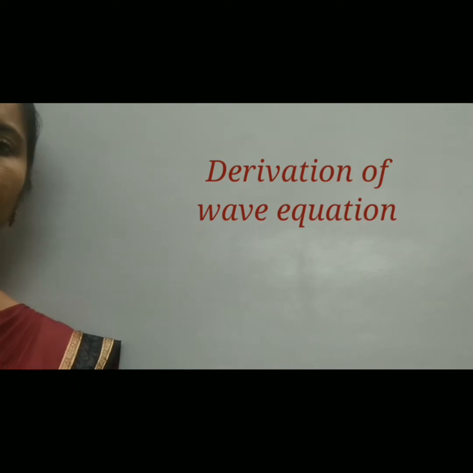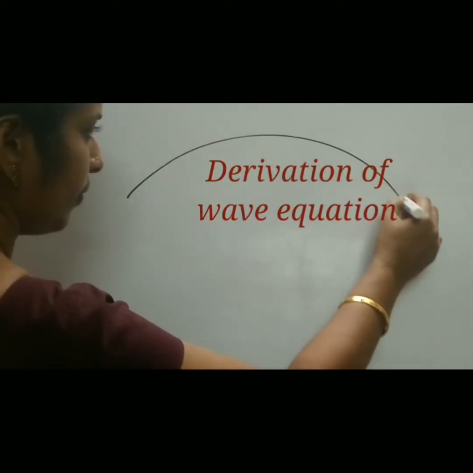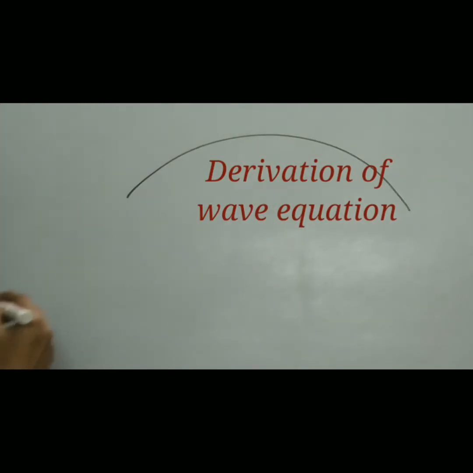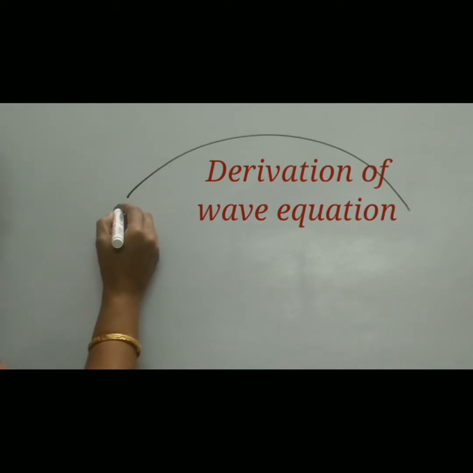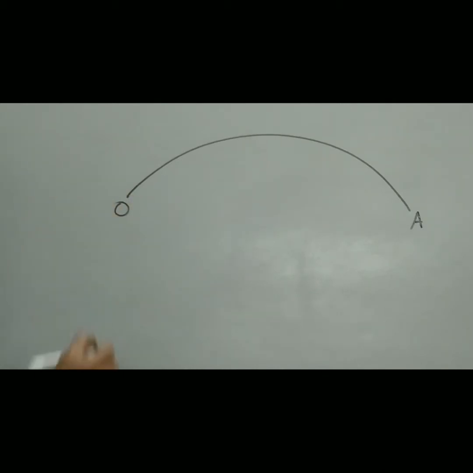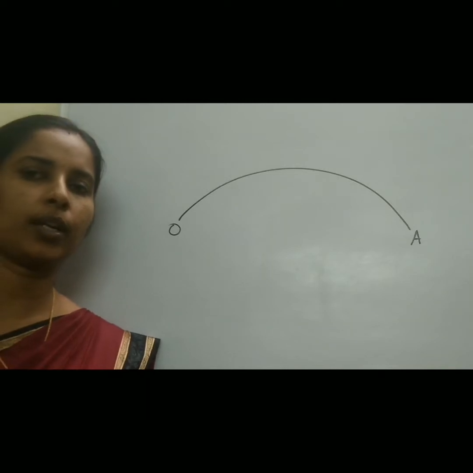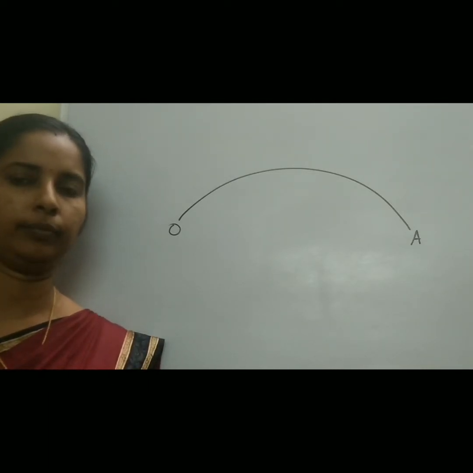Derivation of the one-dimensional wave equation. You take an elastic string, let it be tightly stretched and fixed at two points, O and E, with large tension so that the effect of gravitation and other external forces are negligible.